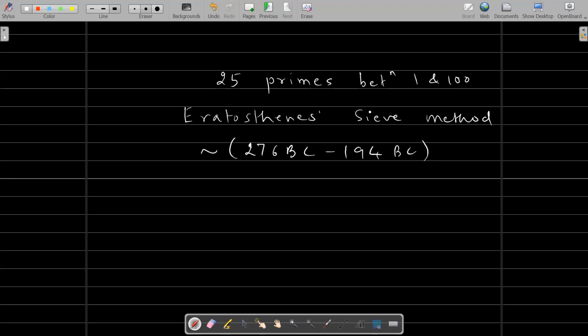He measured the circumference of Earth, and the error is less than 1% compared to what we know today with today's measurements and equipment.